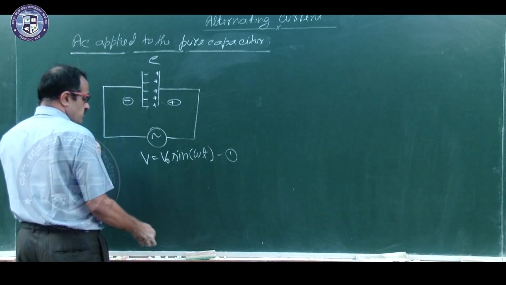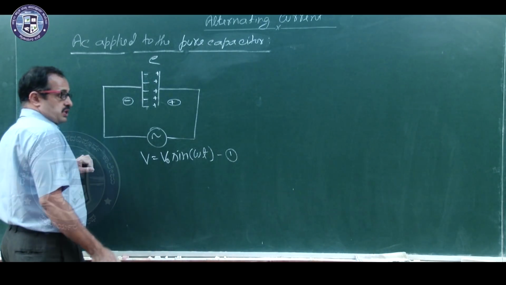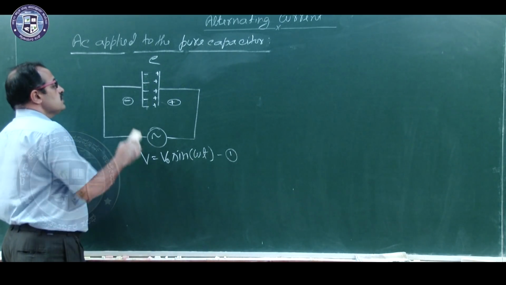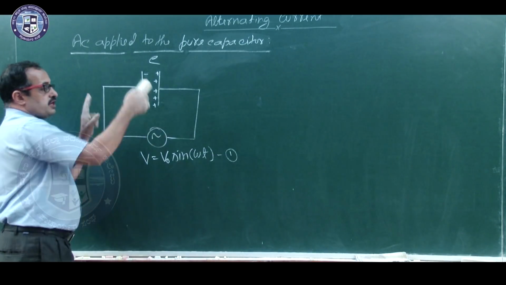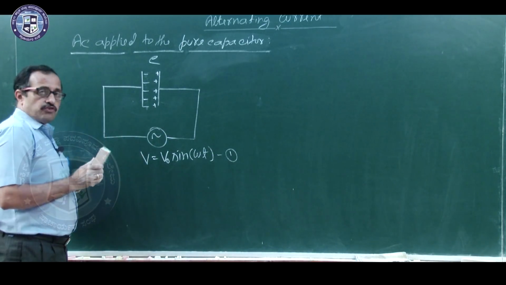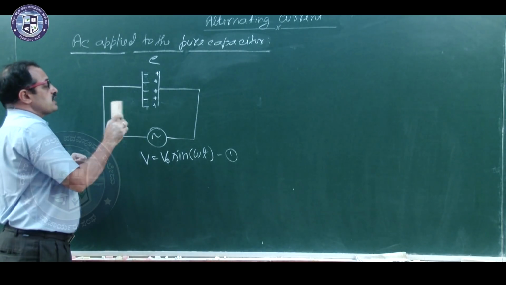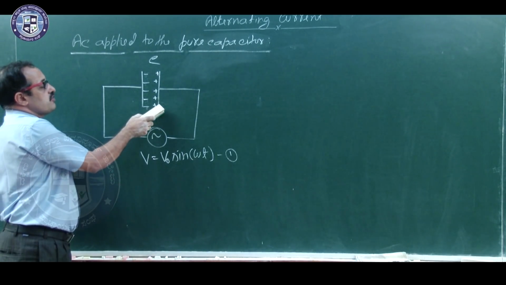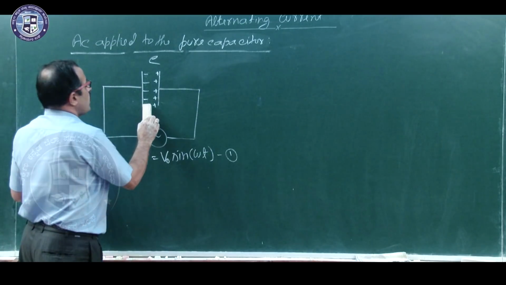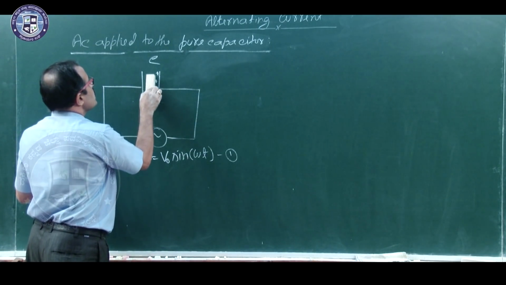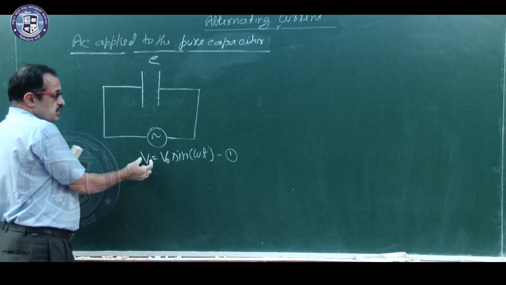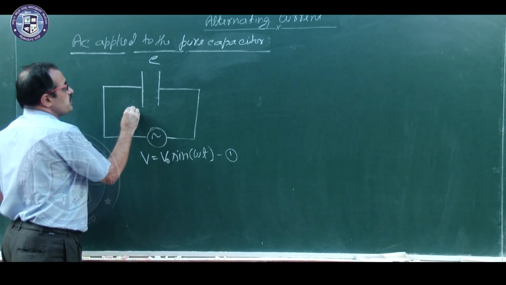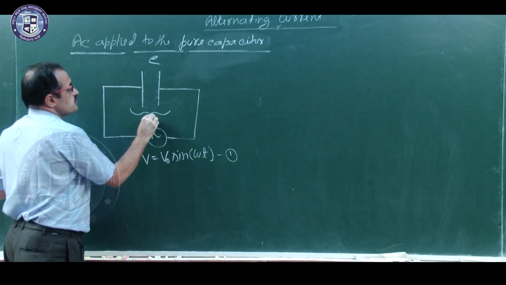So, we try to derive the equation for the current. Do not mark this plus minus, because it continuously changes, it is AC. For some time this may be negatively charged, this may be positively charged, but after some time polarity changes. But this instantaneous voltage will appear here, no doubt.